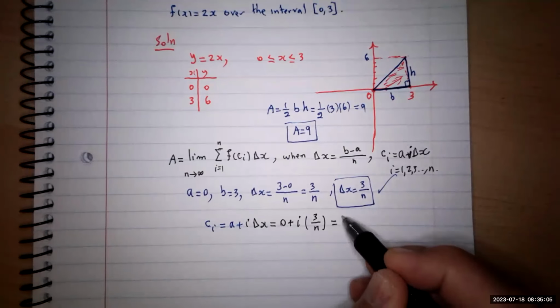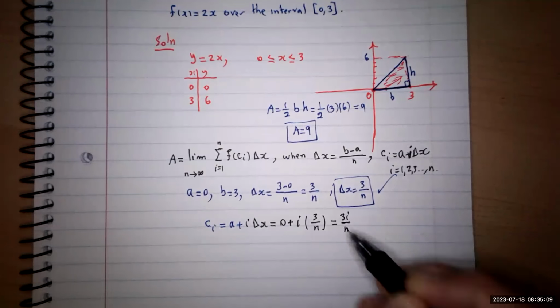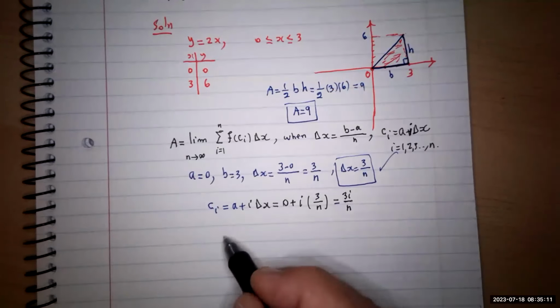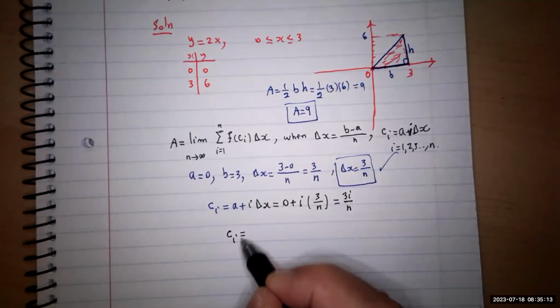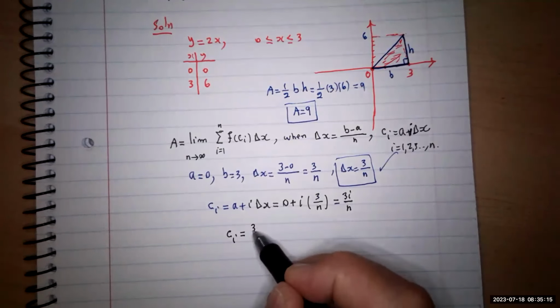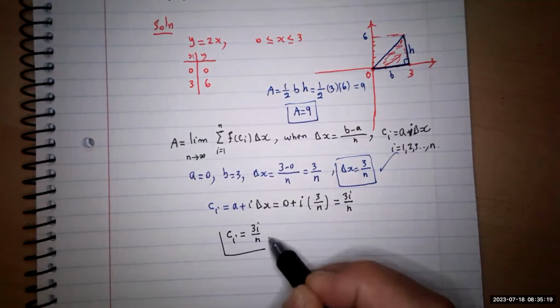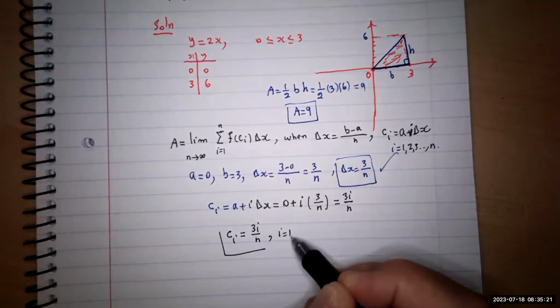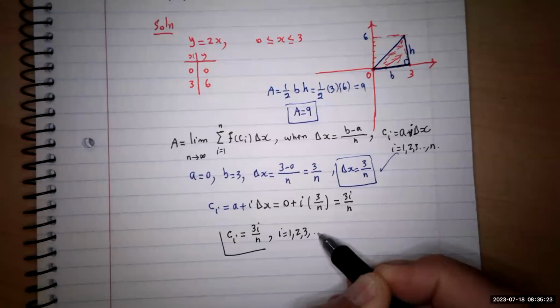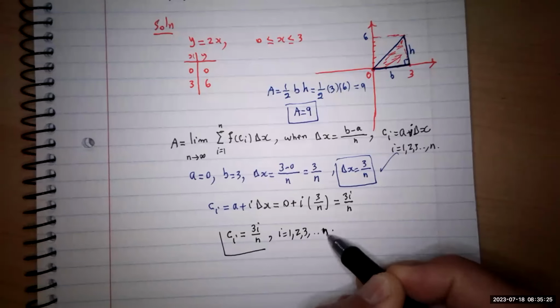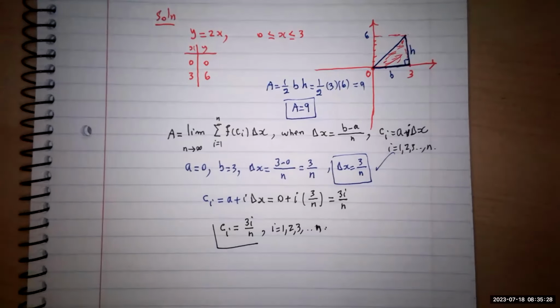So the ci is going to be 3i over n, and i is equal to 1, 2, 3 up to n.